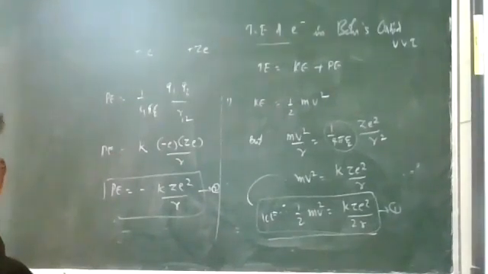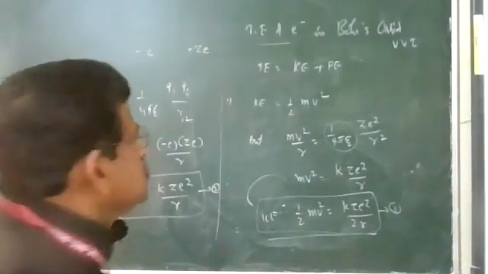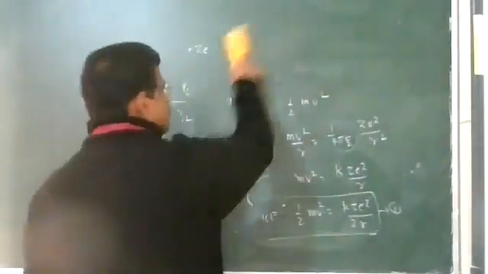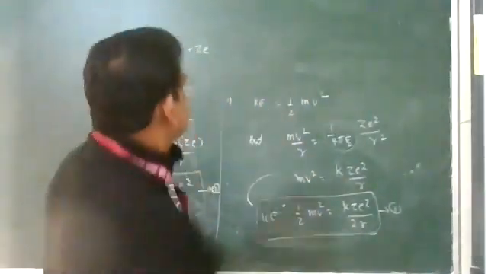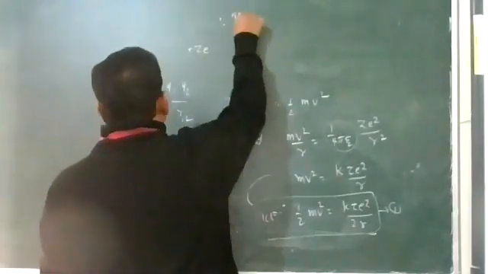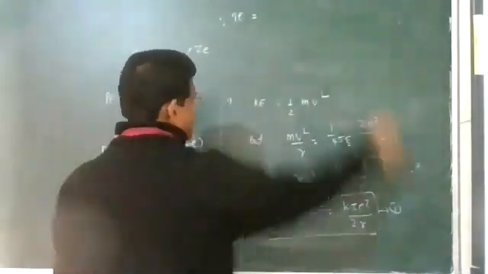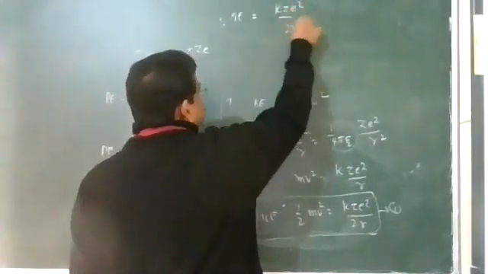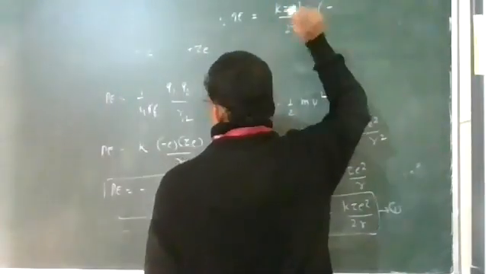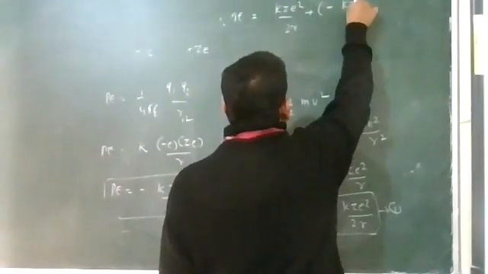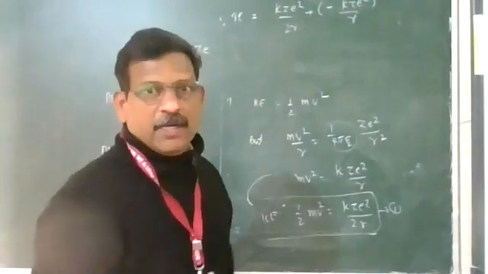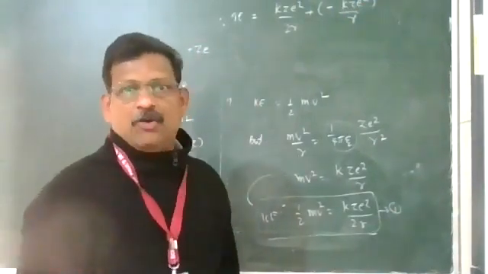So what is the total energy? Total energy is equal to the sum of kinetic energy and potential energy. So total energy of the electron in the orbit is given by kinetic energy plus potential energy. Kinetic energy is k Z square divided by 2r and potential energy is minus k Z square divided by r. In one the denominator is 2r, in the other the denominator is r only.